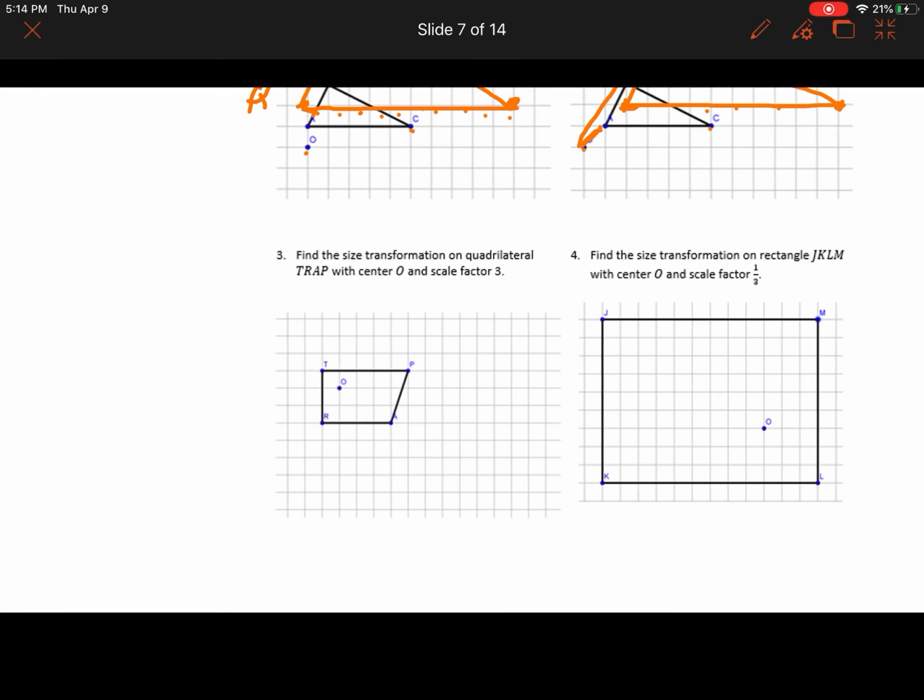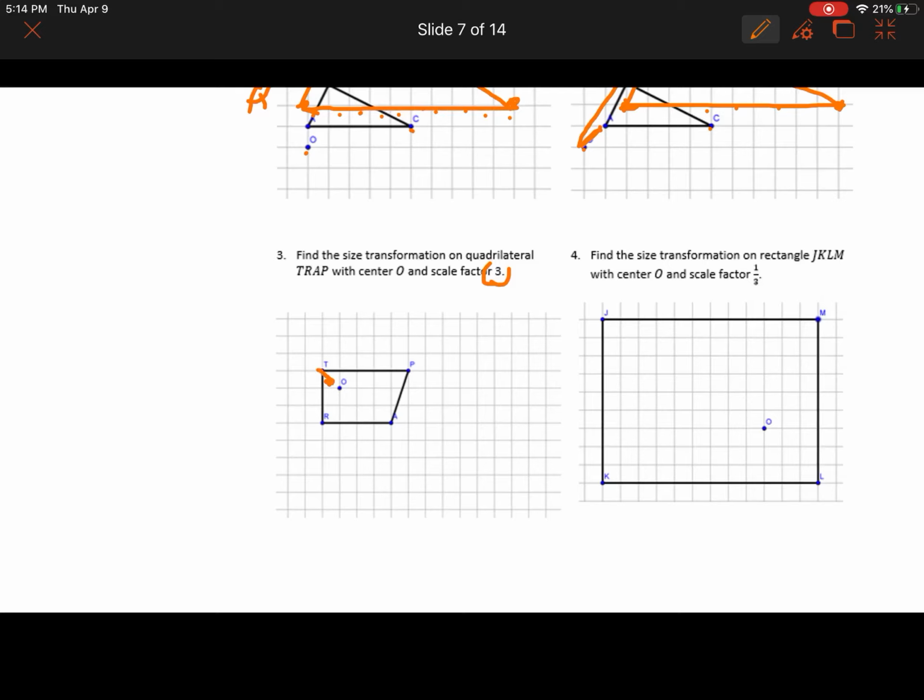So in this one, this trapezoid, I hope you noticed that the center is inside, but this time we're going out 3, scale factor of 3. So I'm still going to count out best I can since this is a grid.